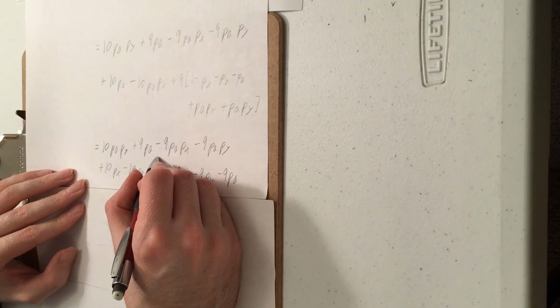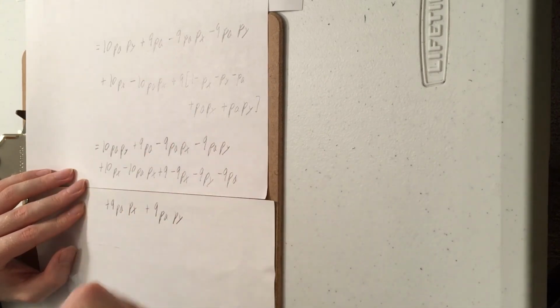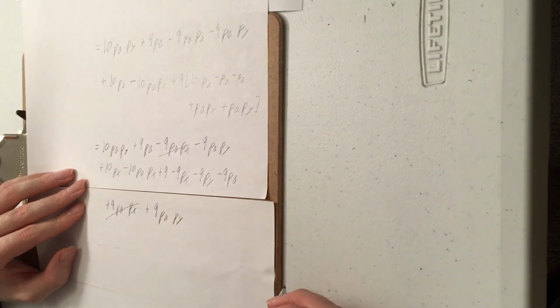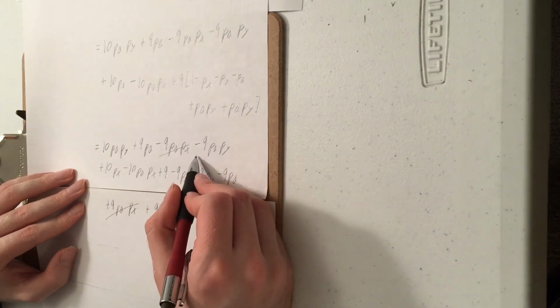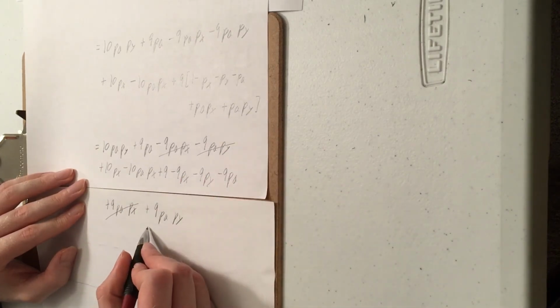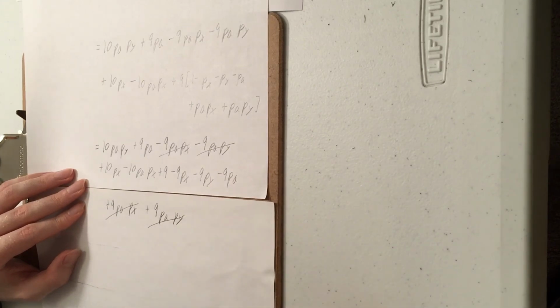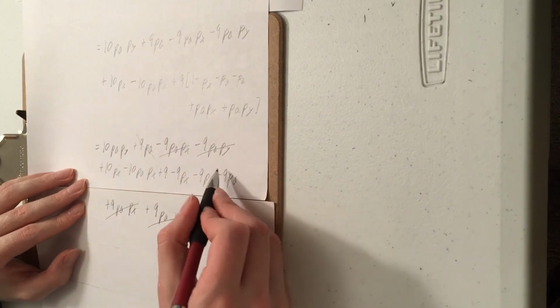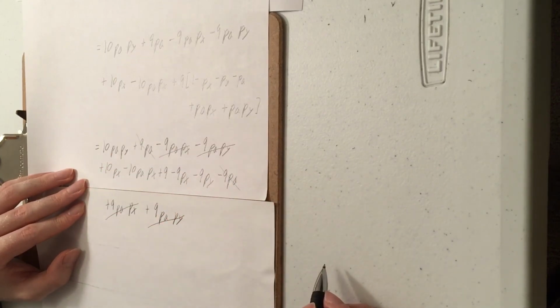So you have the minus 9PA PX here, which cancels out the plus 9PA PX. Minus 9PA PY, plus 9PA PY. 9PA, minus 9PA. Can I do anything else?